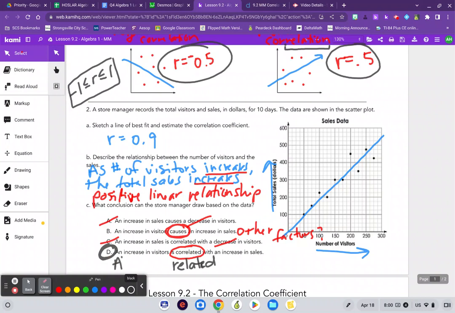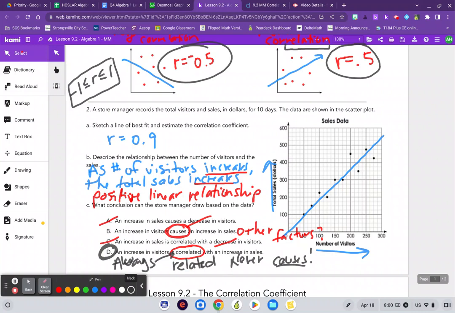It's always correlated, never causes. Causes implies that there's only one reason that this change in the variable is occurring. The only reason total sales is going up is because the number of visitors is increasing.